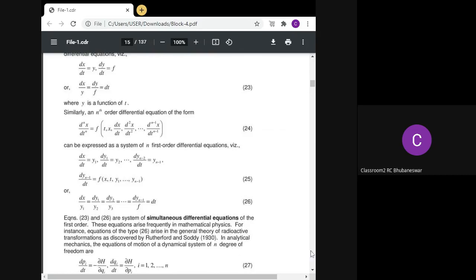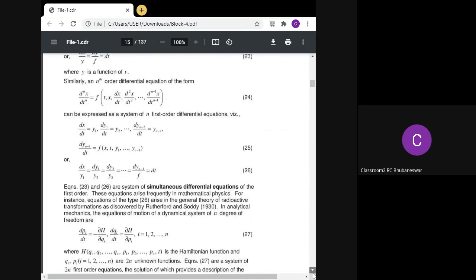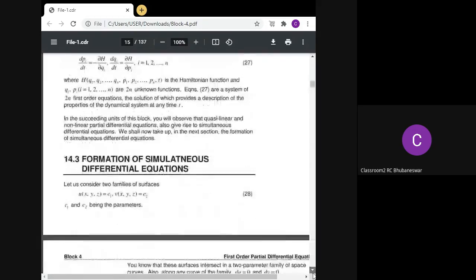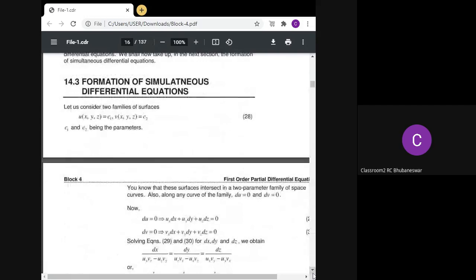Now let us discuss the formulation. That means how we can form a system of differential equations from given equations of curves or surfaces in three-dimensional space. As we can see, here we have taken two families of surfaces.